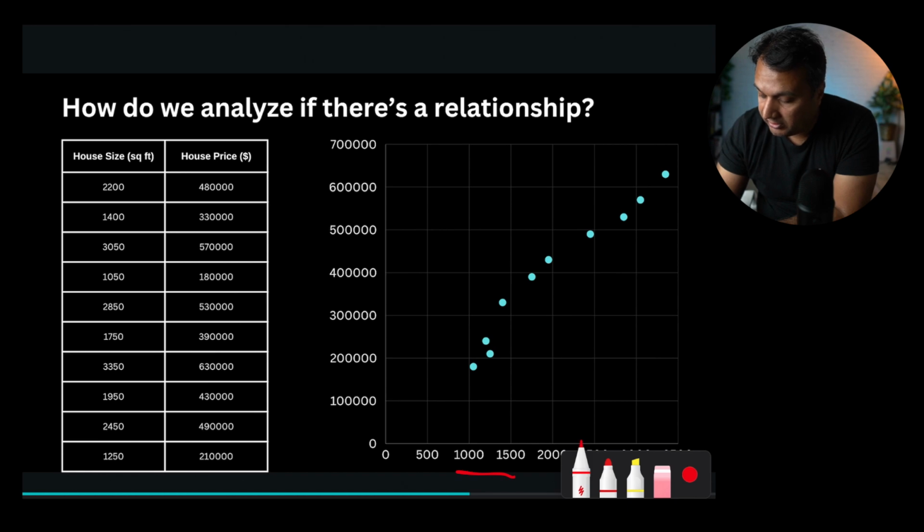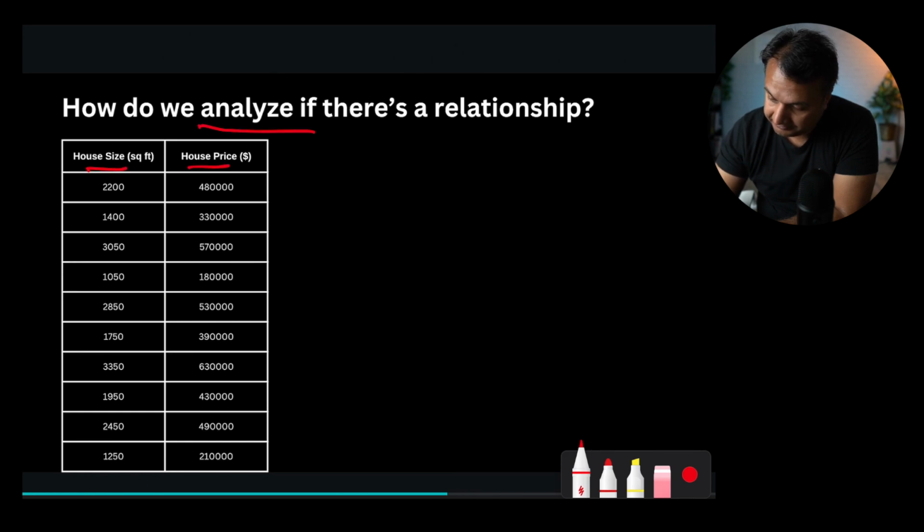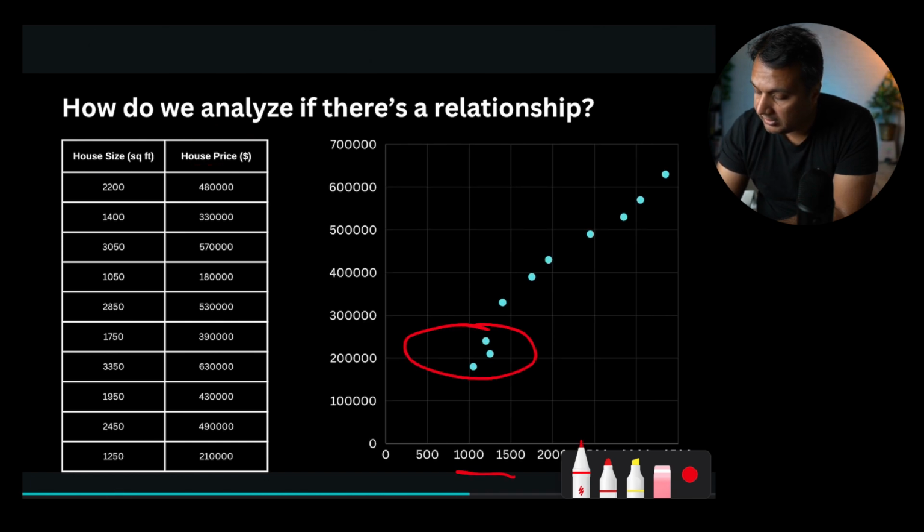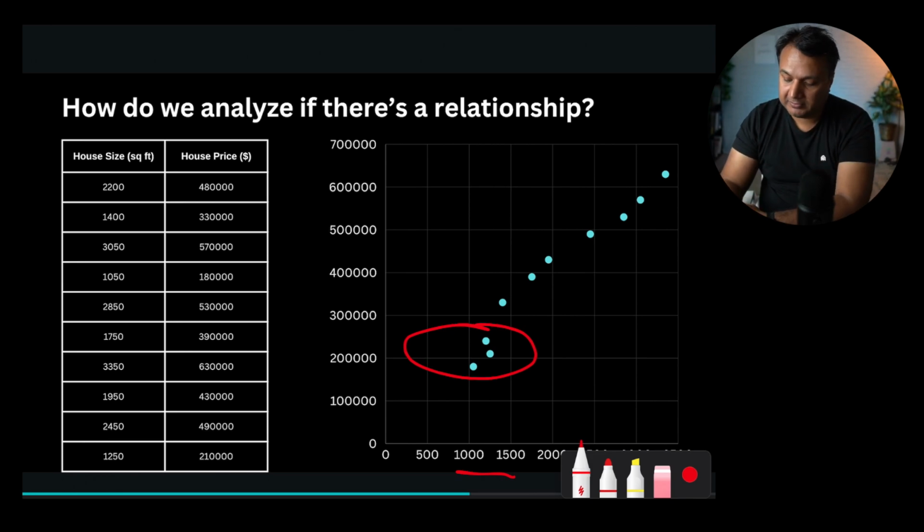So generally for around 1,000, this is the range of prices, and as we go more, we can see that the range goes up. Okay, so that is the first thing which we wanted to establish.